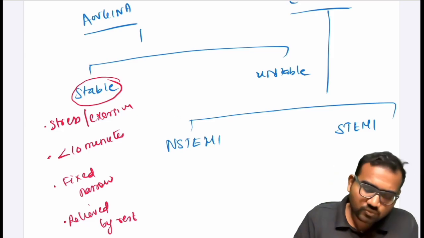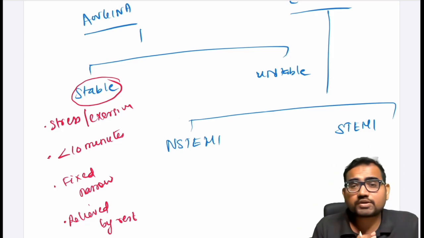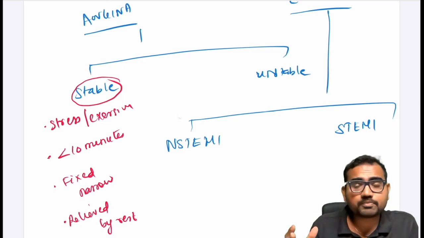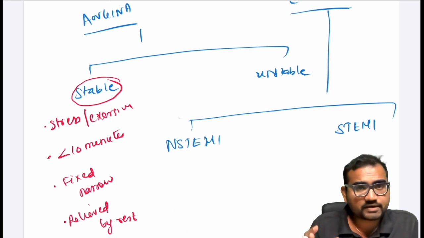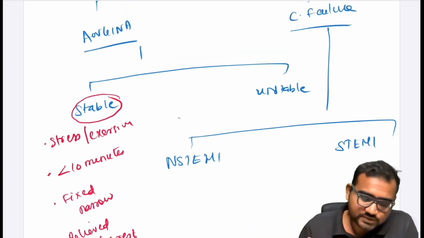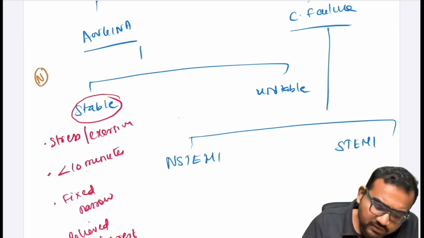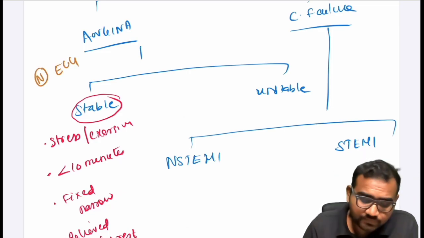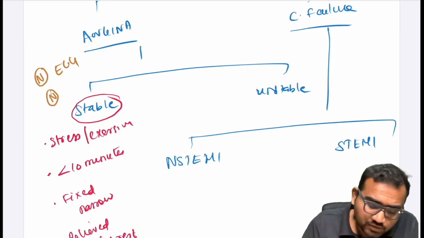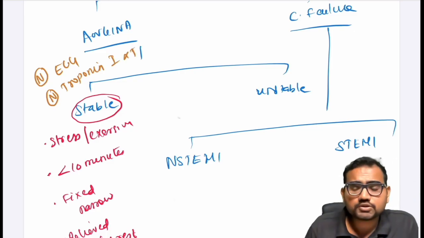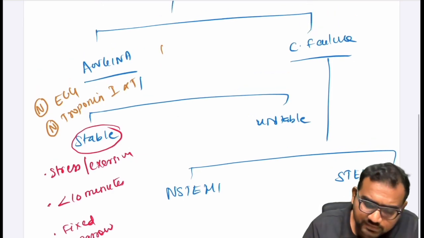Okay, so what is very important? As far as general medicine is concerned, you should be well equipped in diagnosis and treatment plan. So in stable angina, there is going to be a normal ECG, and normal troponin values, troponin I and T. What is the normal value of troponin I?